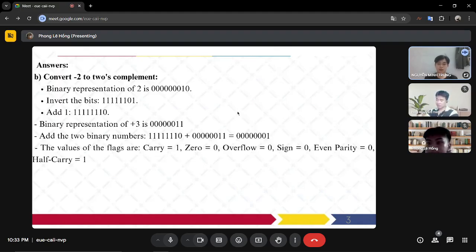Plus 3 is 00000011. Add the two binary numbers and we have the result here. The values of the flags are: carry 1, zero 0, overflow 0, sign 0, even parity 0, half carry 1.